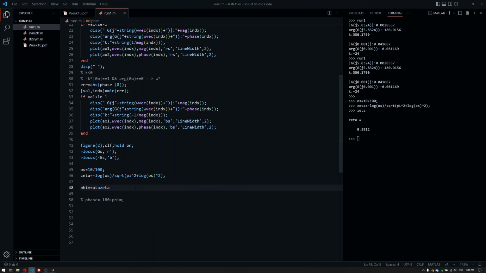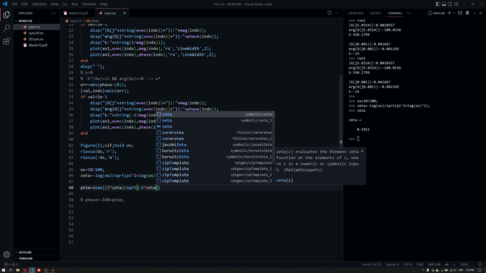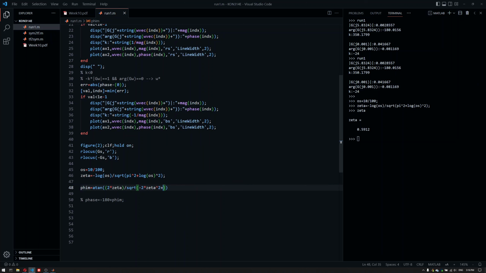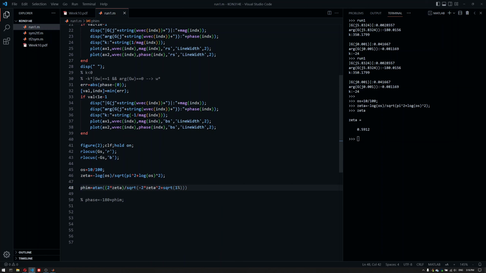which is even worse than the zeta overshoot relation. It's atan of 2 times zeta, the whole thing divided into the square root of minus 2 times zeta squared plus another square root of 1 plus 4 times zeta to the power of 4.